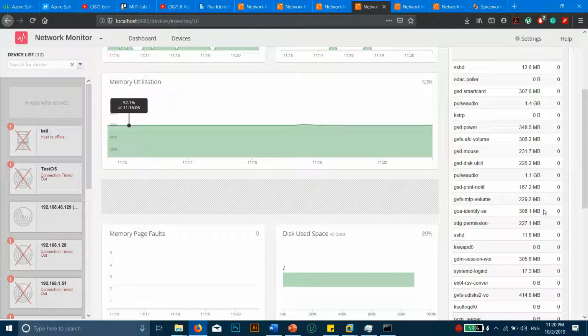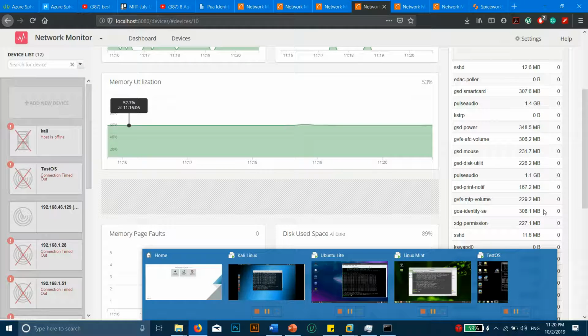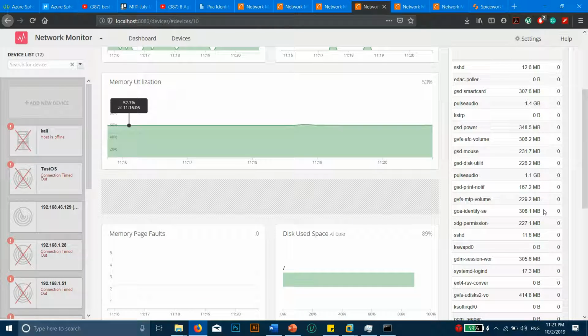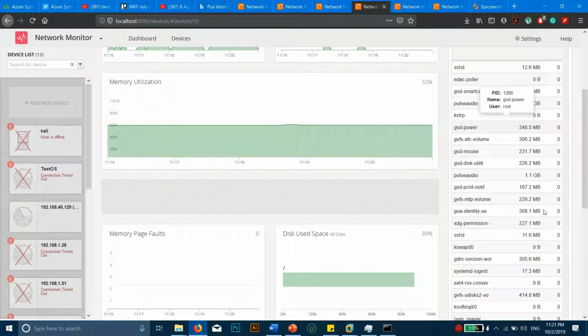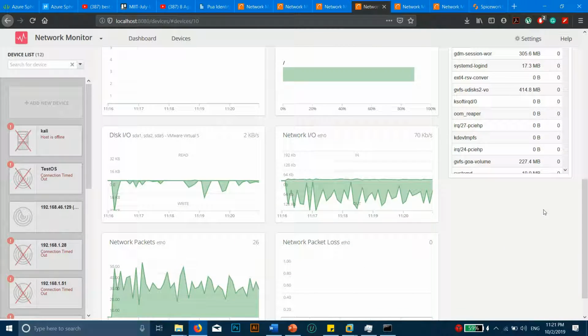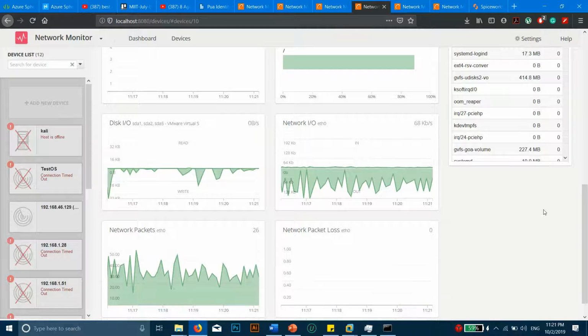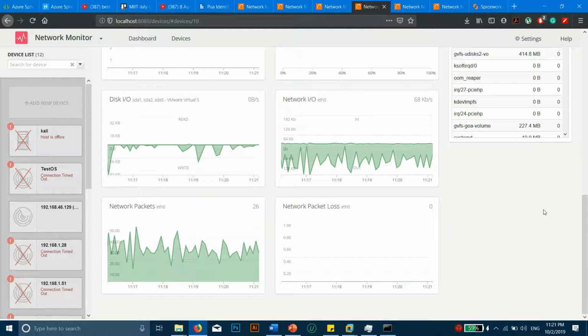Initially, I set all these OS to be 2 gig of RAM each, and it only used 50% of the RAM allocated. Okay, and this is the disk used space, and the network interface. You can see that it uses 68 kilobytes per second. And then this is network packets.